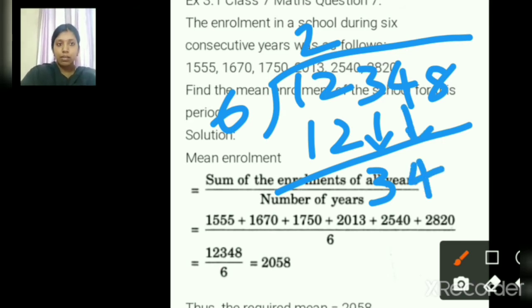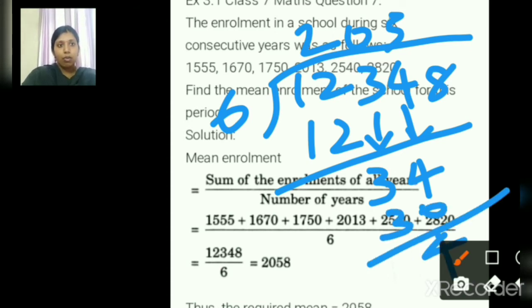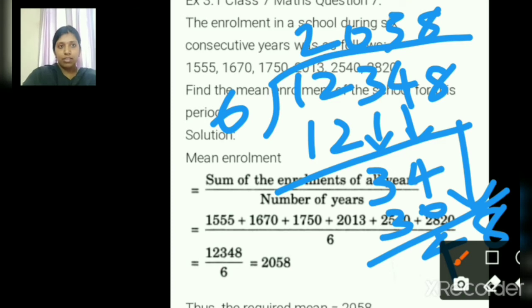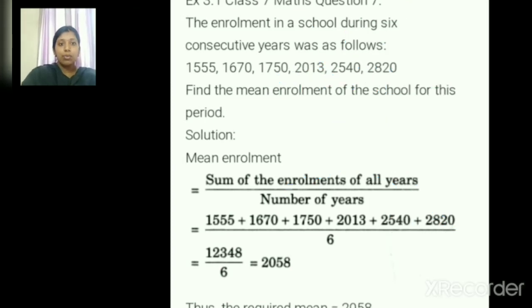Since you are bringing down 2 numbers continuously, we have to add a 0. Now 6 5s are 30. 4 is the remainder. Now bring down this 8. 6 8s are 48. And now the remainder will be 0. Clear, children? So we have 2058. So the mean is 2058. Clear, children?